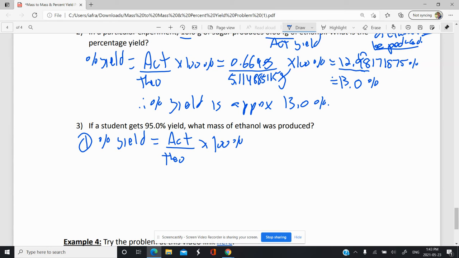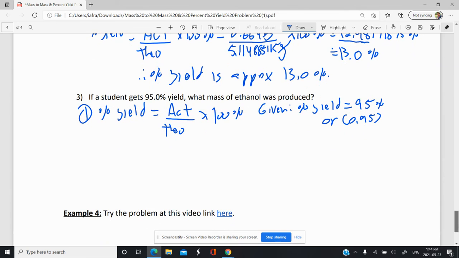Now in this question, what was given was the percent yield, which is 95%. And you could also see that as 0.95 if you divide by 100, just to get the decimal form there. And the actual yield is what we want to find out.